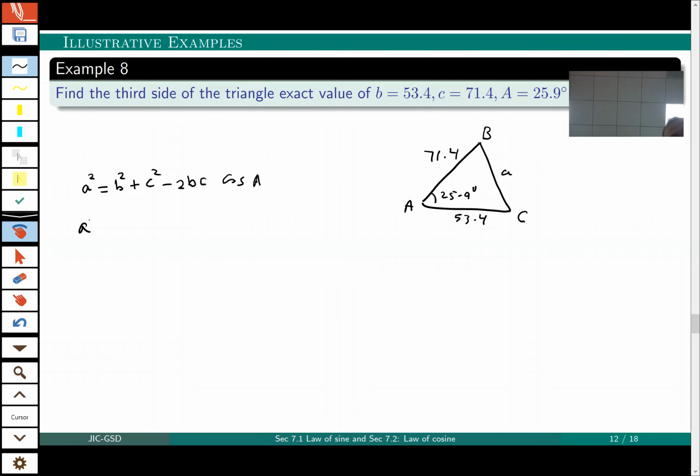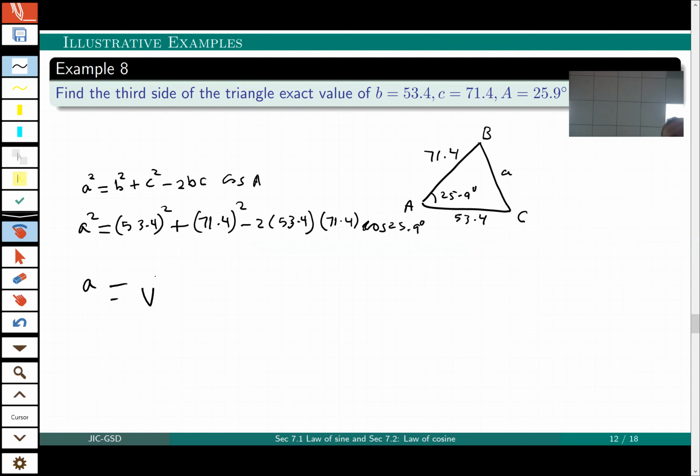Now, so A squared will equal B squared. What is B squared? It's 53.4 squared. What is C squared? 71.4 squared. Minus 2 times B, 53.4, times C, which is 71.4, cosine the angle A, which is 25.9 degrees.